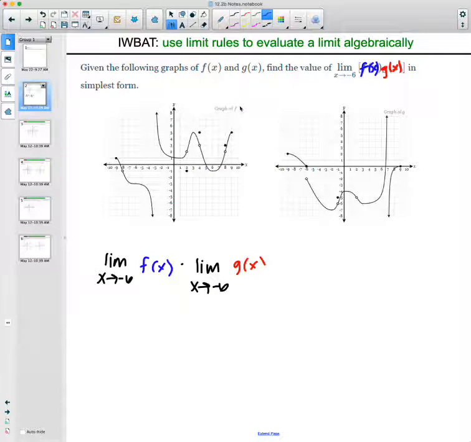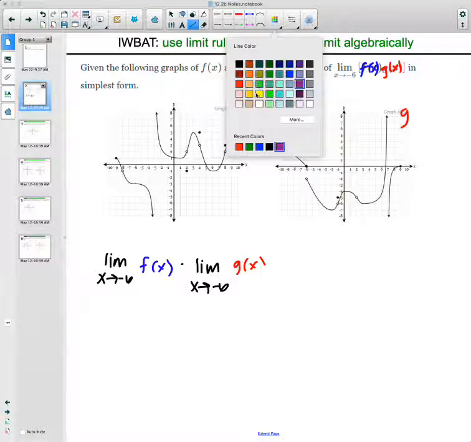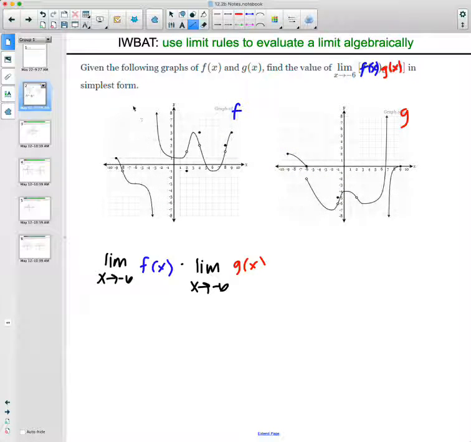So take a look. Here's the graph of f. Here's the graph of g. So when we do the limit as x approaches -6 on f of x, let me draw a line here at x equals -6. So what is the limit as x approaches -6 on this function? It's -3. So -3 here times the limit as x approaches -6 on the g function.